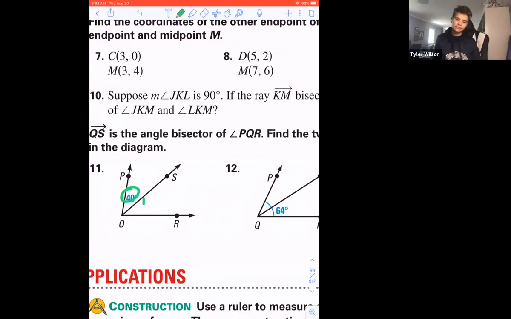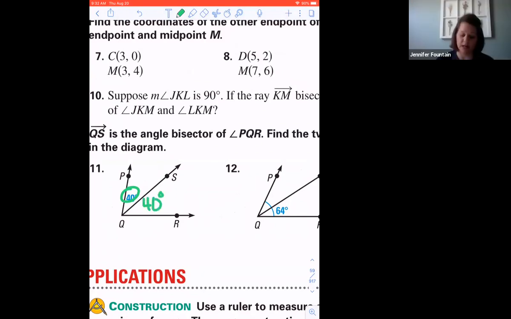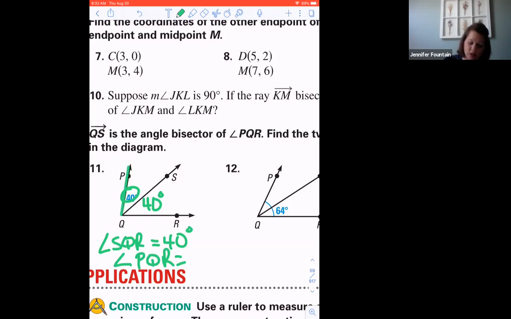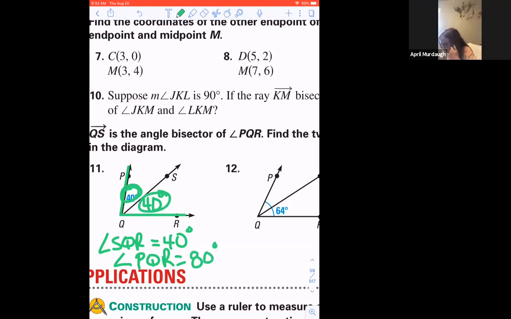This is also going to be 40 degrees. Good. So angle SQR equals 40 degrees. Now what is angle PQR going to equal? I need to take this 40, add that 40. So PQR will be 80 degrees. Everybody good with that?